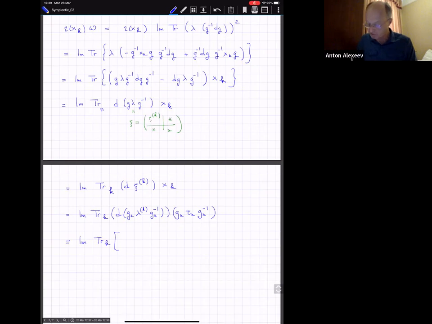So okay, let me go ahead. It will be something like this: g_{k-1} dg_k, now lambda k tau k plus d lambda k tau k.